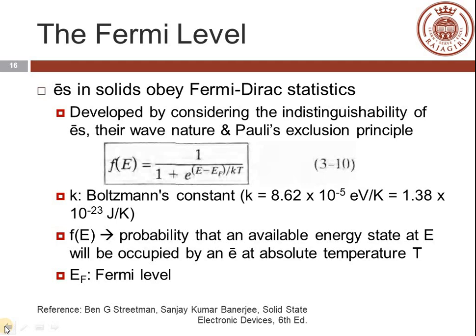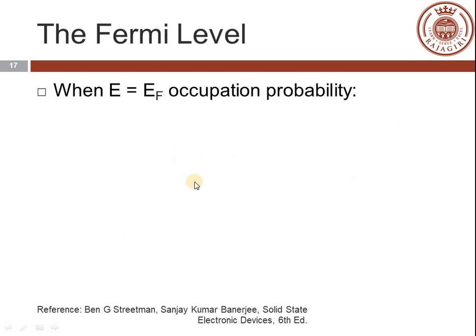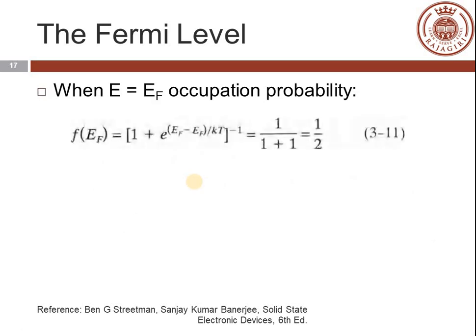If E equals EF, then in this expression it will be e to the power EF minus EF, that means 1 by 1 plus e to the power 0, that means 1 by 2. So if E equals EF, the occupation probability is 1 by 2.